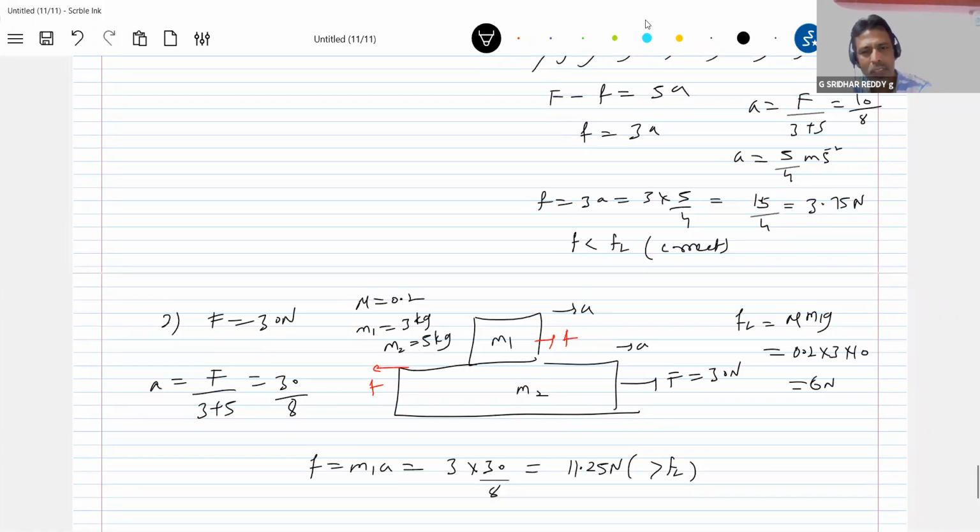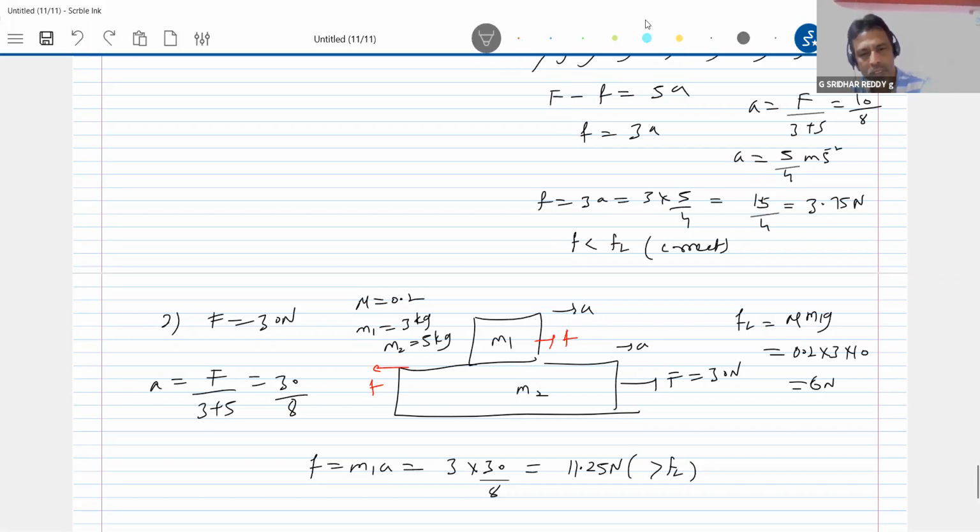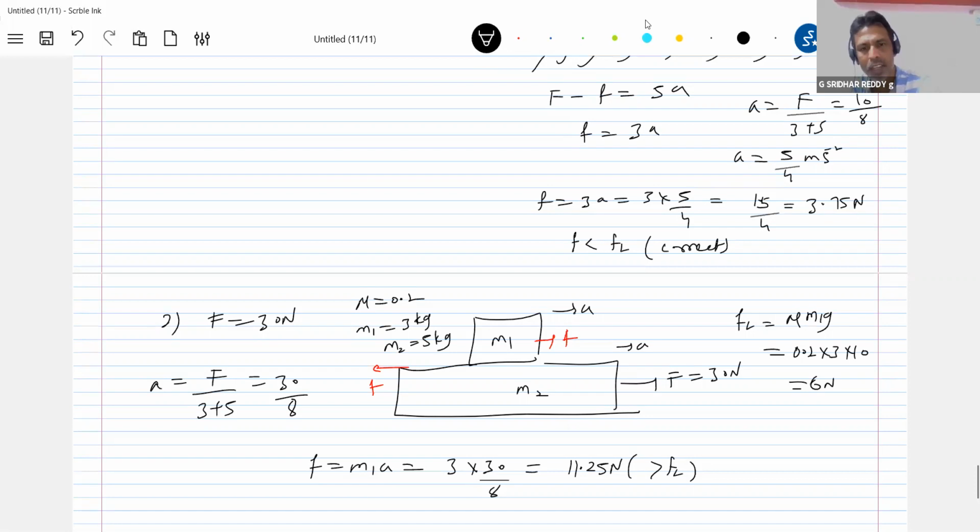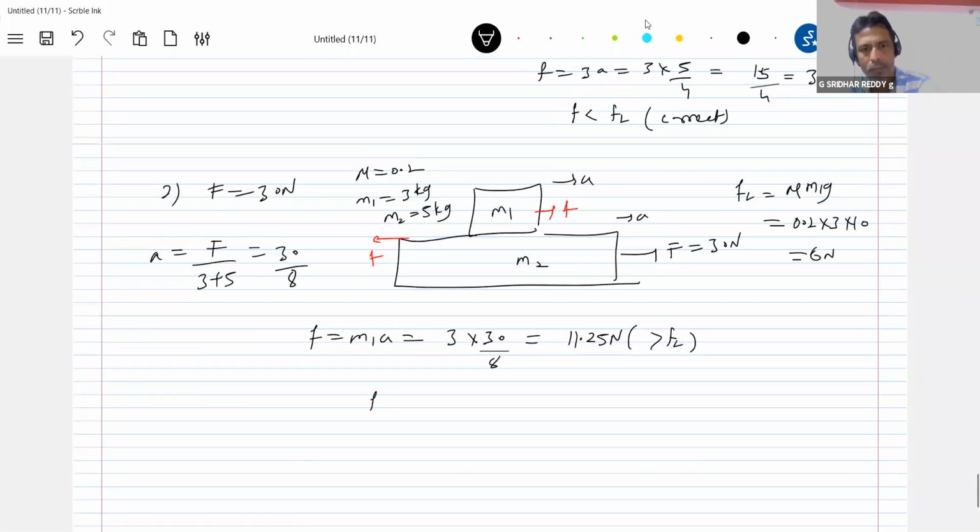But what we got is 11.25. What is the maximum permitted value of friction? Equal to limiting friction. But how much friction is acting? Greater than limiting. So f cannot be greater than FL. Therefore slipping occurs.